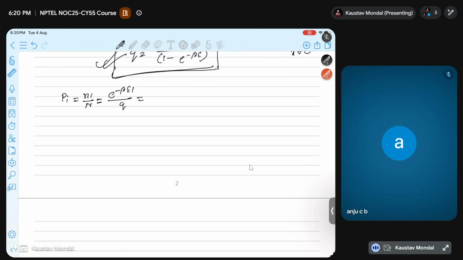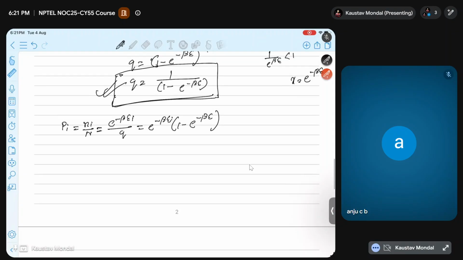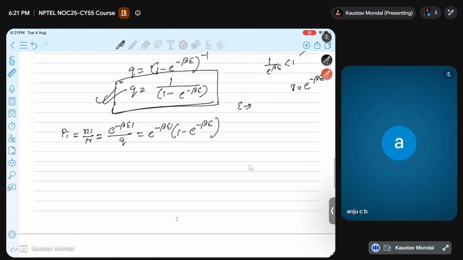And here q would be like this, so pi equals e to the power minus beta Ei into 1 minus e to the power minus beta E, where E is the difference in the energy levels.